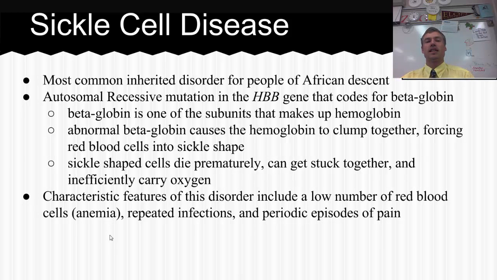Now, one of the more interesting things about sickle cell anemia is that those that are carriers or those that have the disease have a resistance to the malaria pathogen, okay? Malaria is caused by a plasmodium, which is a protist, and that protist has a hard time attacking blood cells that have this beta globin in it. That is what malaria attacks, is your blood cells. So this is the reason why it has become a very common thing in those of African descent, because the sickle cell gene provides an evolutionary benefit, right?